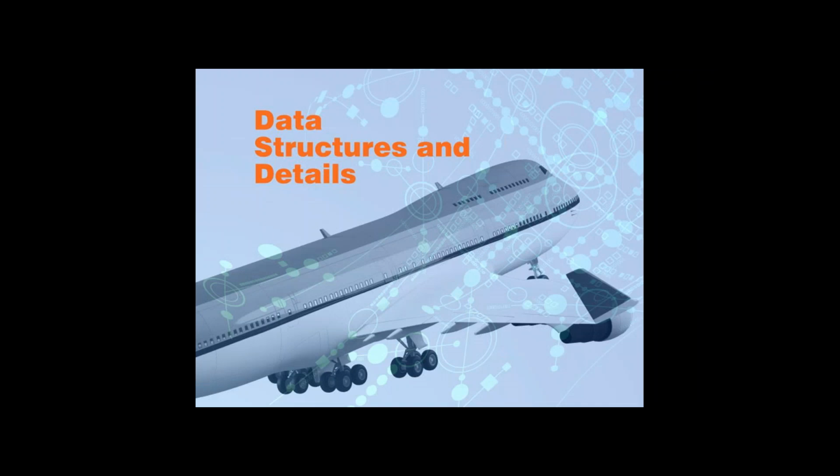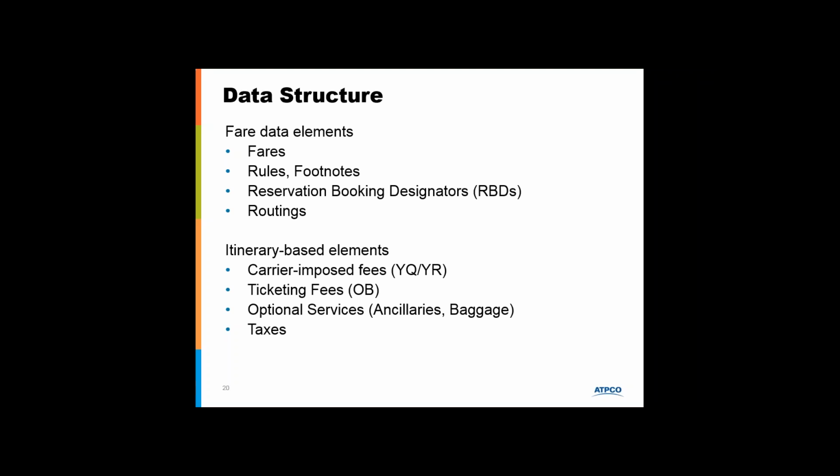In looking at a little bit of the data structure of what goes into our system in pricing, we have a fare, and that fare is an origin destination. It has an amount, and that fare itself is associated to some restrictions, rules.